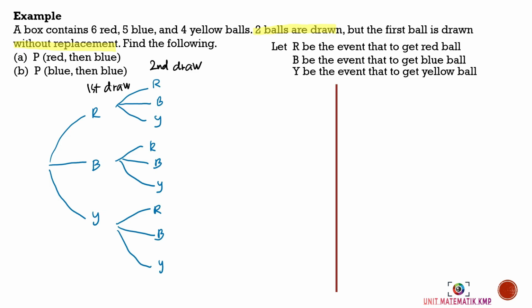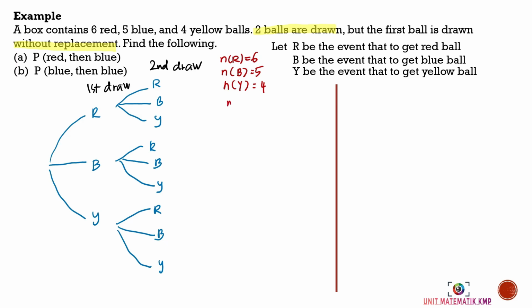Before we write the probability for each branch, we can take out the number of outcomes for each ball. So for red ball, NR is 6, NB is 5, and NY is 4.